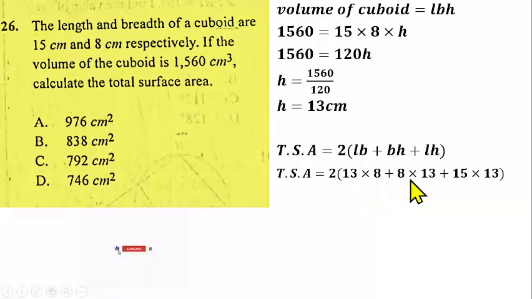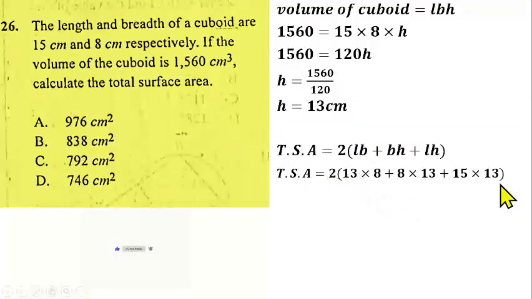So I think there's an error in the substitution of the values here. You are supposed to be having length, which is 15, times the breadth, which is 8.